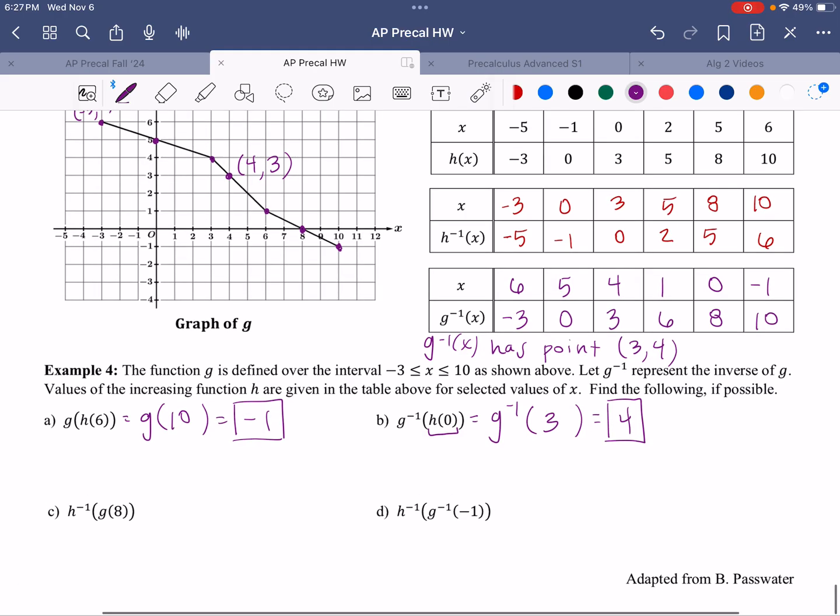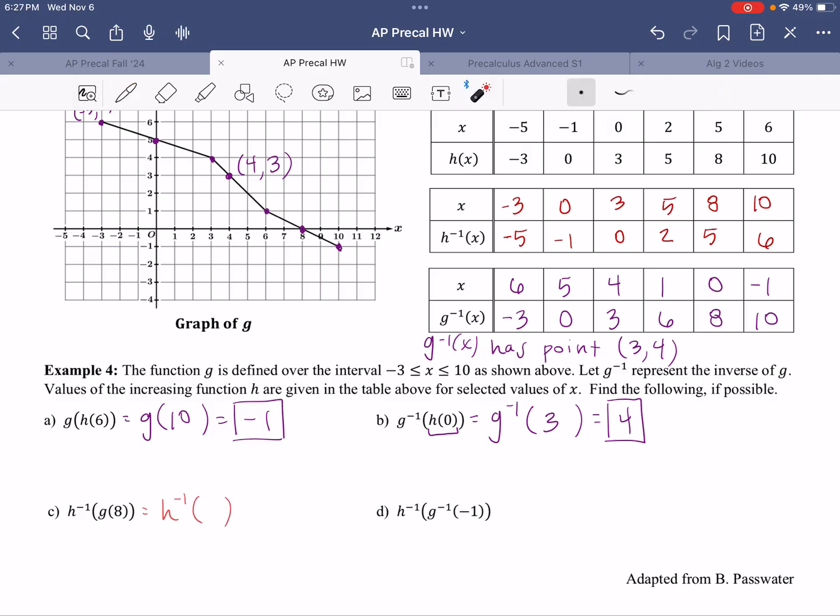C says we're going to do the inverse of h of g of 8. So starting with the g of 8, I'm going to look at the table, the graph provided. g of 8 is 0. And then when the input of the inverse of h is 0, I get -1.